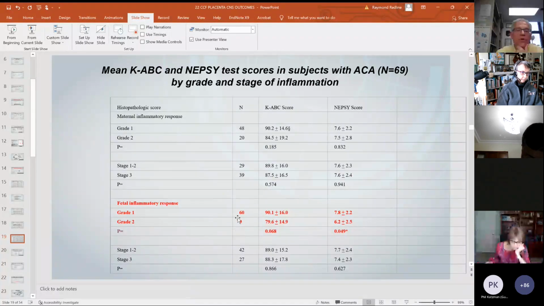And you can see that most fetal inflammatory responses are low grade, so you can see why the overall measurement of acute chorioamnionitis with the fetal inflammatory response didn't detect an abnormality that we were able to see when we broke down the histology by grade.